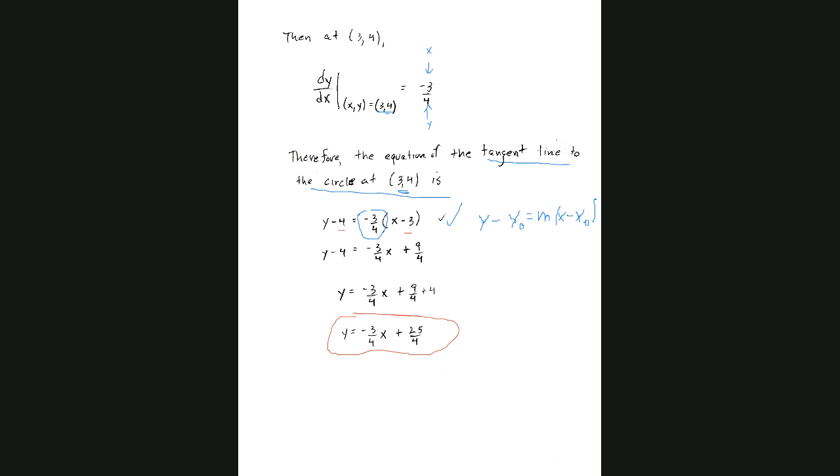Remember, we said that the slope would be the negative of the tangent line. And the tangent line should, well, I'll go back to the picture to sort of justify it. Are there any questions?